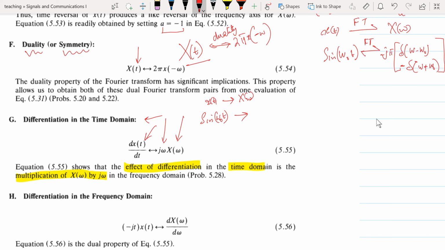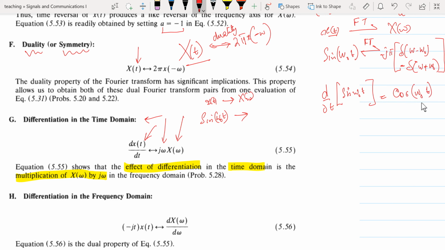So if that is your Fourier transform of our x of t, our d dt of sine of omega naught t is actually equal to cos of omega naught t.